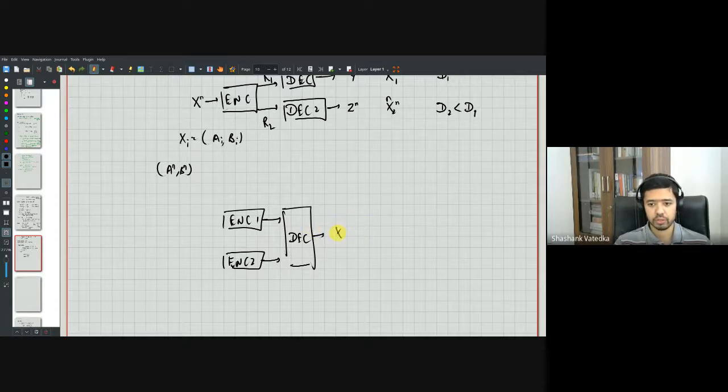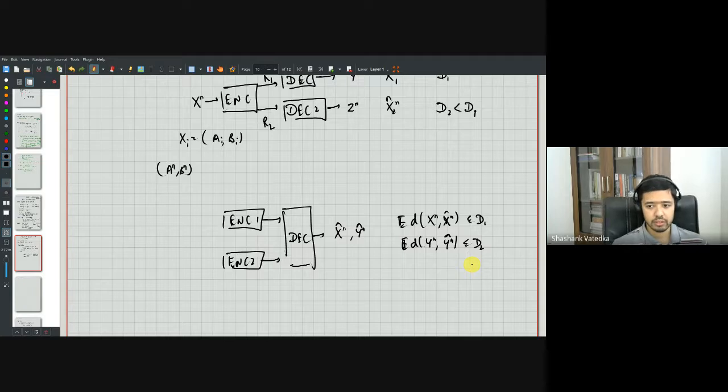So you have xn hat and yn hat. You want to ensure that the expected sum distortion between xn and xn hat should be less than or equal to d1. The expected distortion between yn and yn hat should be less than or equal to d2.